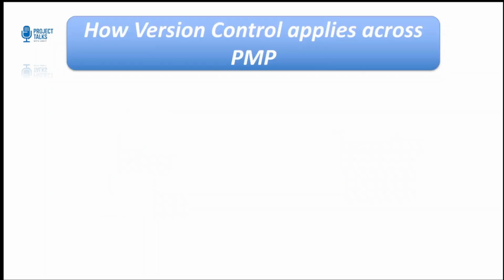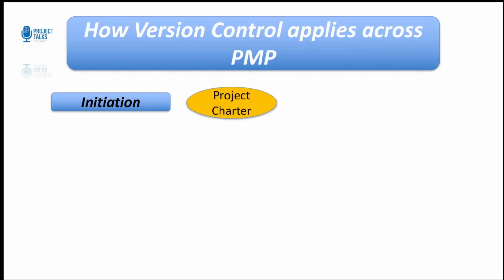Now, how does version control apply across PMP? Let's look at how version control fits into each phase of the PMP framework. In the initiation phase, version control applies to documents like the project charter, ensuring that any update to objectives or stakeholders is tracked and approved.